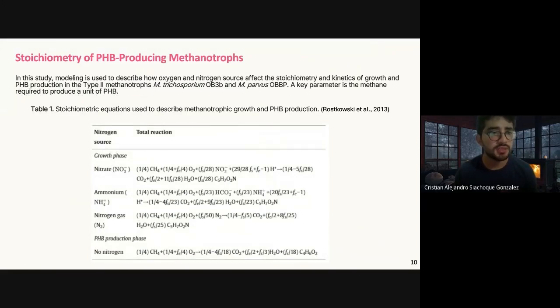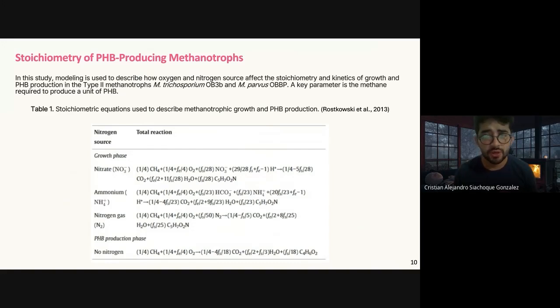Now we can see the stoichiometry of the study for PHB producing methanotrophs. In this study, during cell synthesis, a fraction of the electrons go to cell synthesis, in three equations.